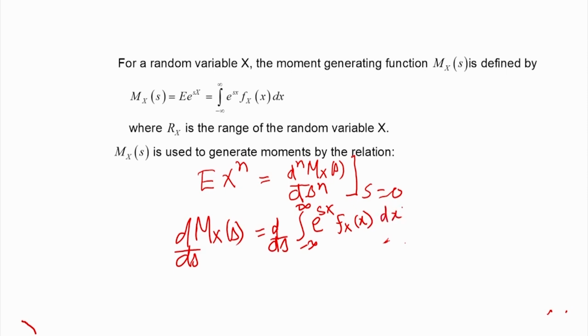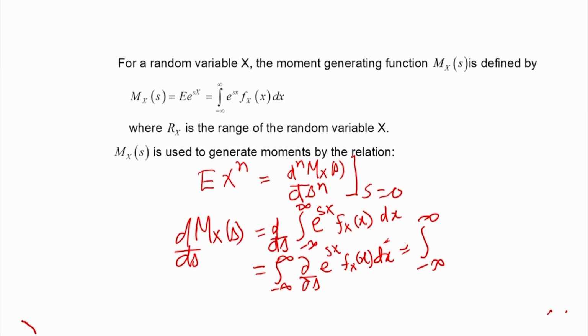Now, this is a differentiation with respect to s. We can take the differentiation inside, and we will get minus infinity to infinity. Since it is a function of x and s, we will take the partial derivative del/del s of e to the power sx f_X(x) dx.